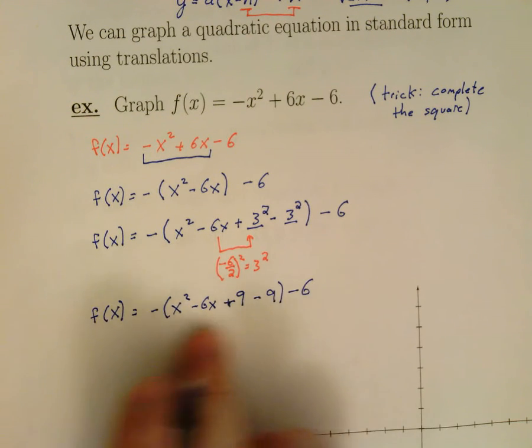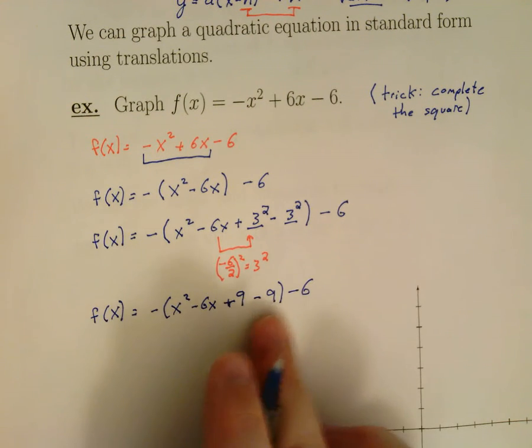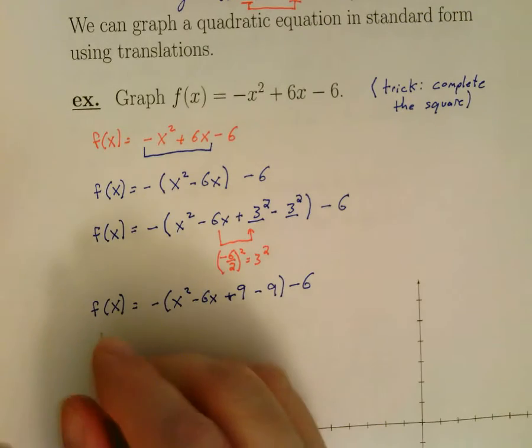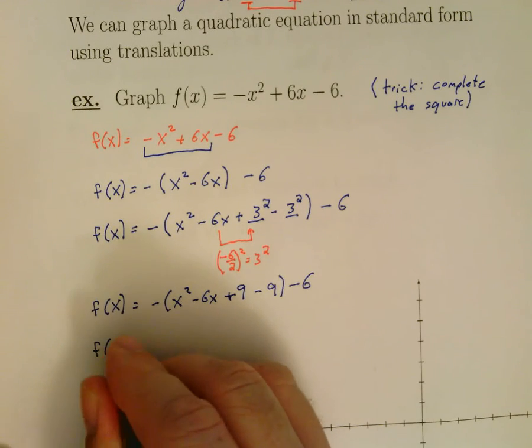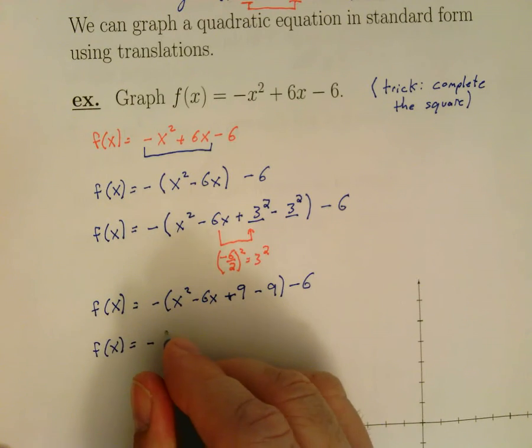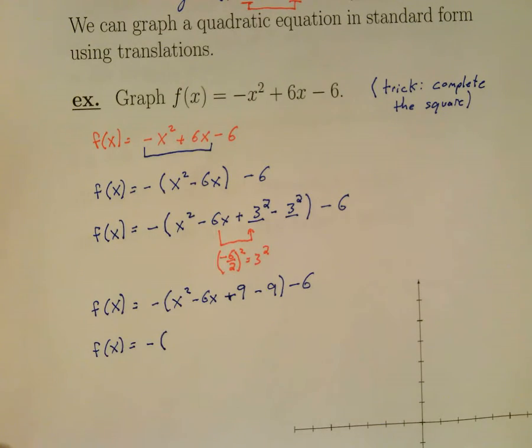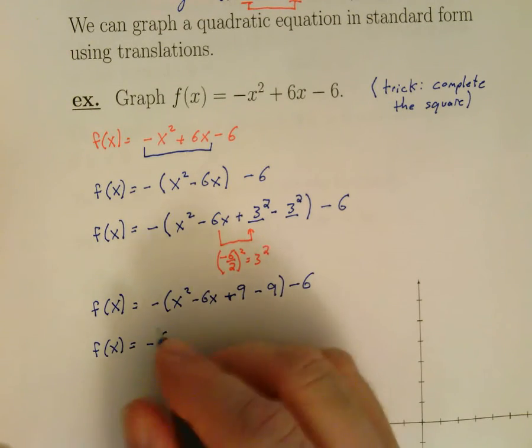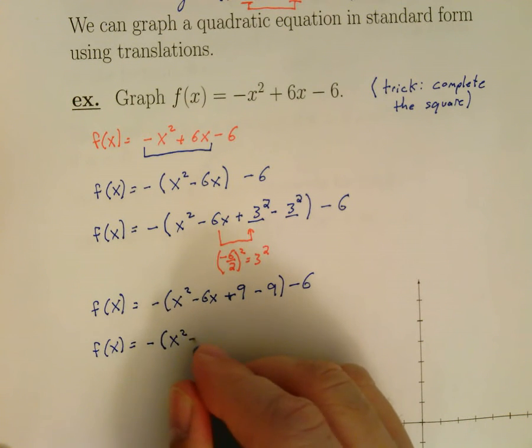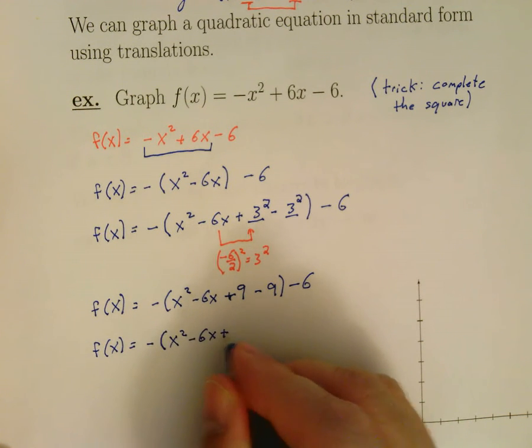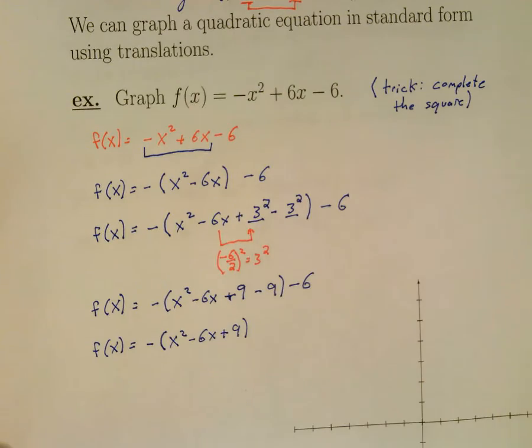Now you'll notice that this little guy factors. So I want to get this 9 outside. I have f of x equals negative, and I'm going to write that as (x squared minus 6x plus 9).